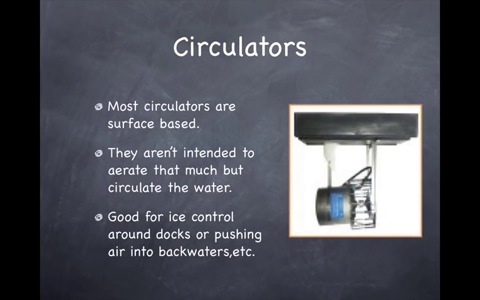Most circulators, although not all, are surface based. They aren't intended to aerate as much as some of the other forms that we've talked about and will talk about, but they do help move water around. They are excellent for ice control around docks or boat ramps, things like that, and they tend to be useful for pushing oxygenated air around into backwaters.